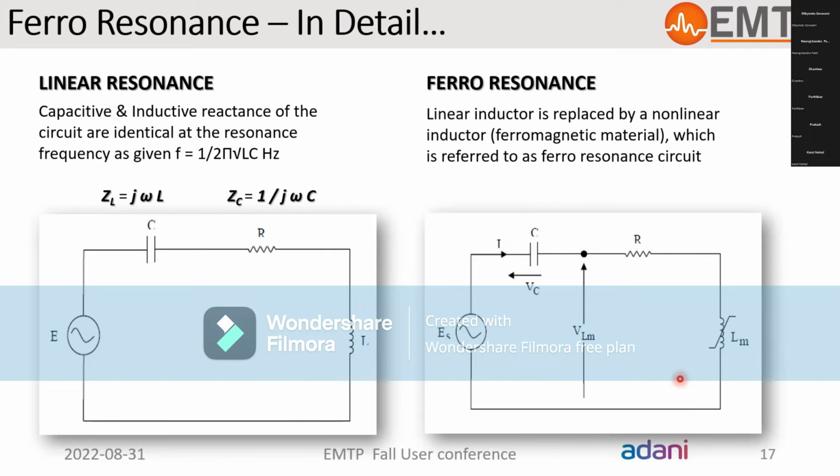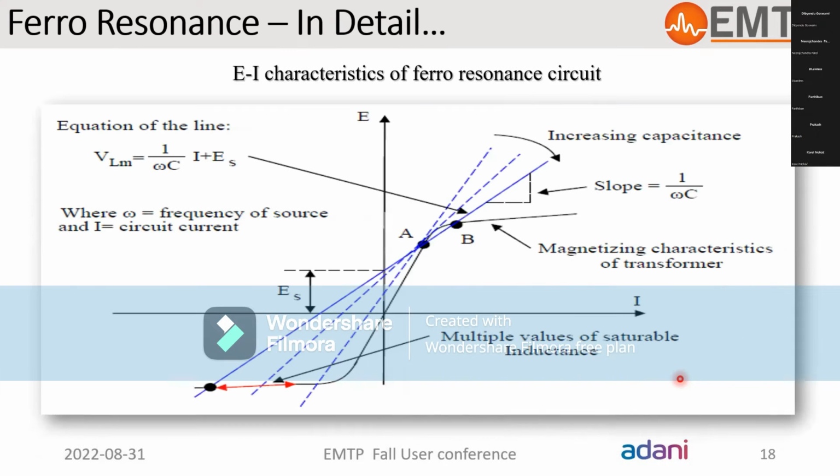Now, resonance at a given frequency can occur over a wide range of parameter values. The resonance frequency can be different for each stable response. In a linear circuit, the resonance condition occurs at only one frequency, which is a fixed value of L and C. On the other hand, the non-linear circuit can exhibit multiple values of inductance when the core is driven into saturation.